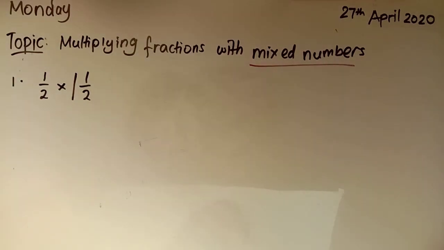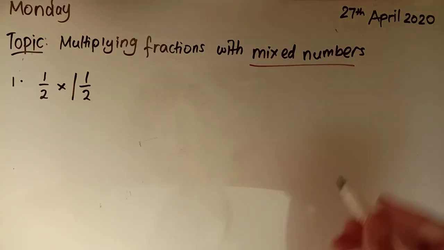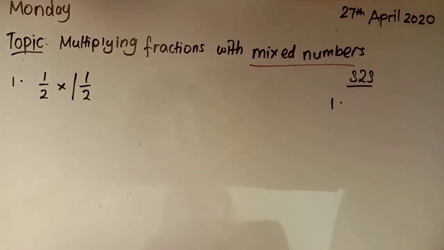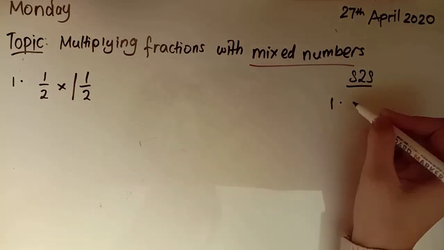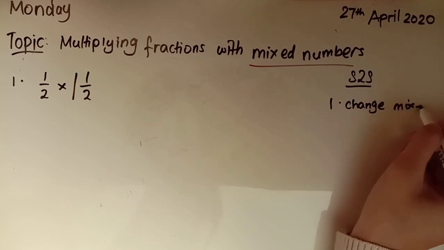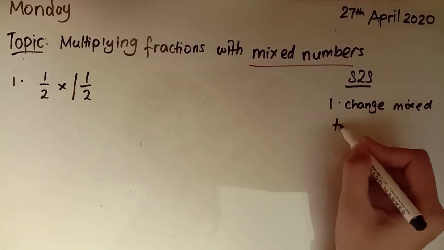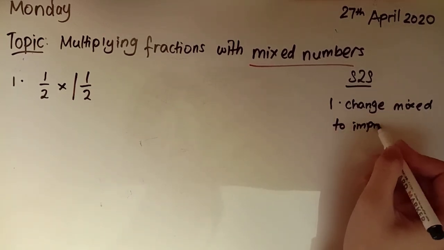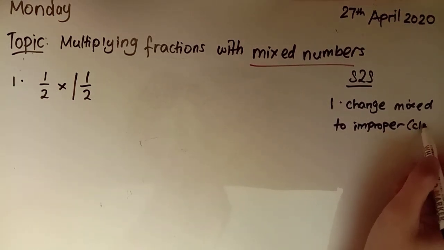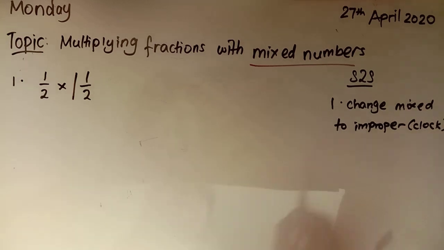How? What method do you use? Remember? What do you call it? So step 1, change mix to improper using clock method.